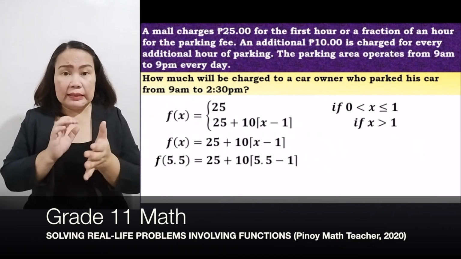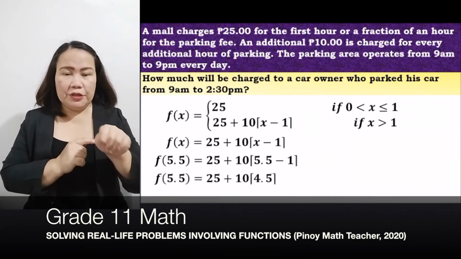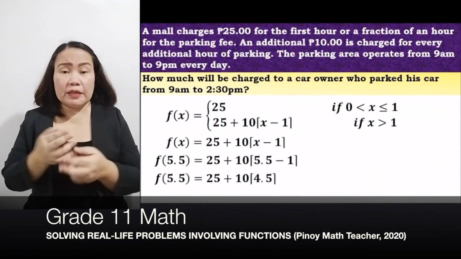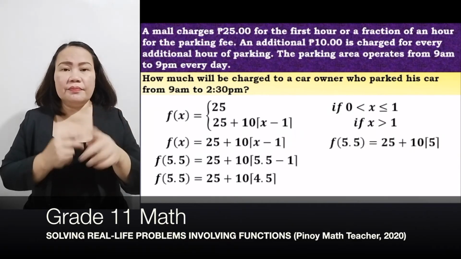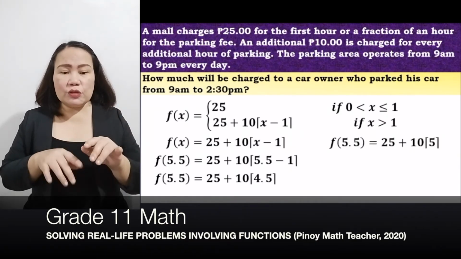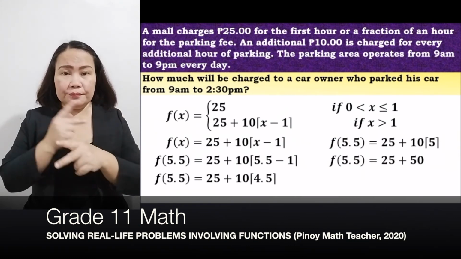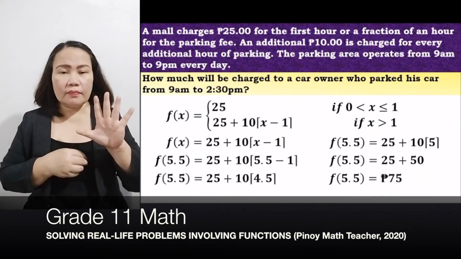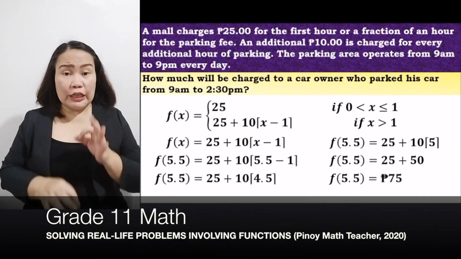Next, kuhanin natin yung difference ng 5.5 at 1. Ayan, so 4.5. Sa ceiling function, tayo ay magra-round up. Kaya yung 4.5 niyan ay katumbas din ng 5. So 25 plus 10 times 5, that is 25 plus 50. Okay, so f of 5.5 equals 75 pesos.